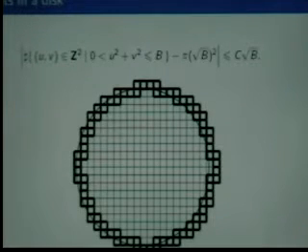If you know how the area of a domain was defined, you see that if you look at the number of (u, v) in Z squared such that u squared plus v squared is less than b, and you compare it with the area of the disk, then it's bounded by some constant multiplied by the square root of b.